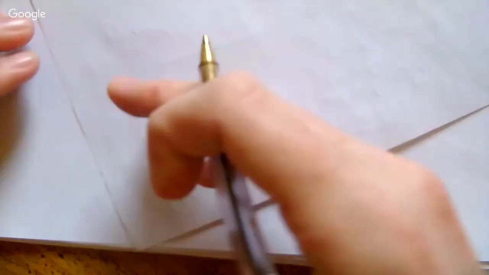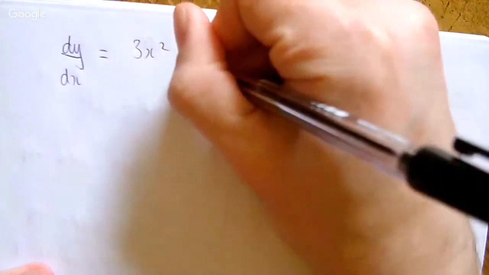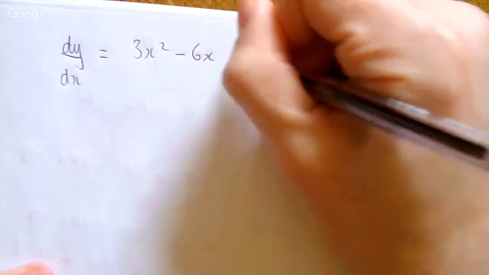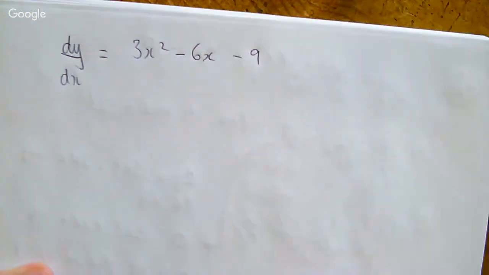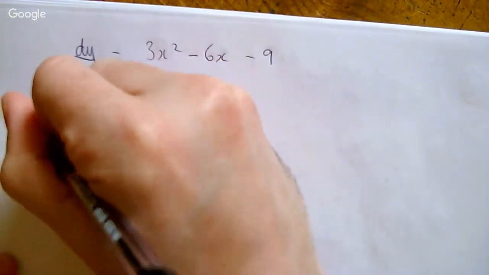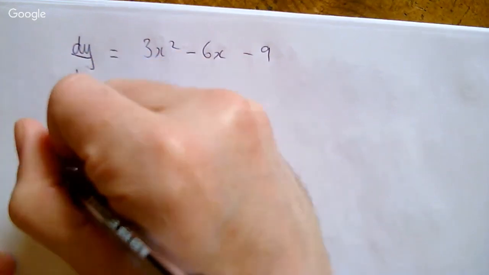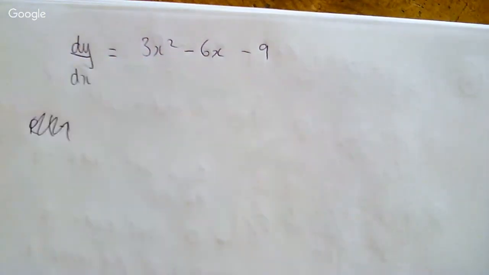Okay, so over to the other side of the paper, and last bit of the paper now. It says, determine the nature of each of the points. Okay, so the previous work that I've done that I need here is dy by dx. What was that equal to? That was equal to 3x squared minus 6x minus 9. So to determine the nature of these points, let me turn over and just make sure I do this correctly.